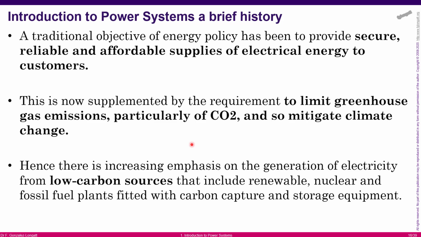The idea is to produce low cost electricity as reliably as we can, and of course in a very secure manner. However, today we have more challenges on the table. One of the challenges is dealing with CO2 emissions in order to mitigate or reduce the effect of climate change.